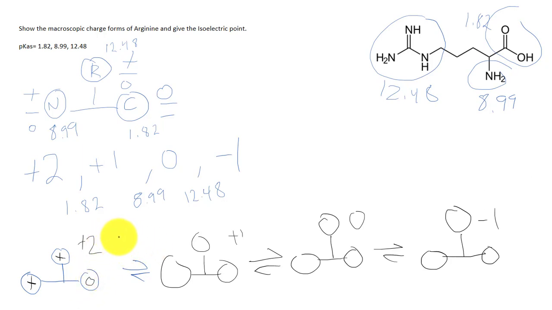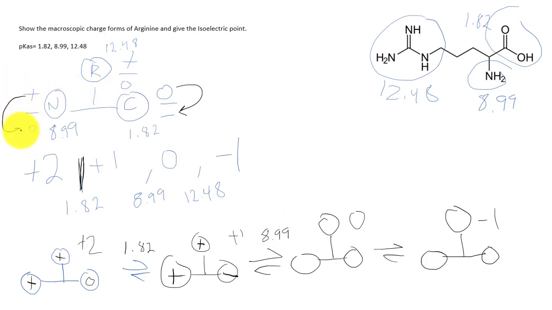Now what's going to happen is that as we cross the first pKa barrier, it's going to switch from the plus 2 to the plus 1 by changing at that group. So our 0 is going to flip to negative. Our C now becomes a negative charge. Our N and our R group did not change. That's our plus 1 form, plus 1, plus 1, minus 1, and that's going to happen at a pKa of 1.82. Then at a pKa of 8.99, our next group is going to switch.